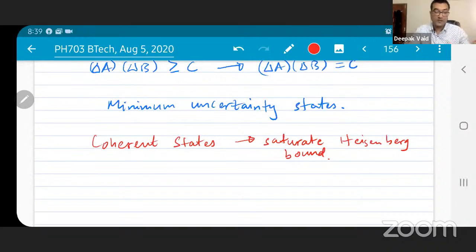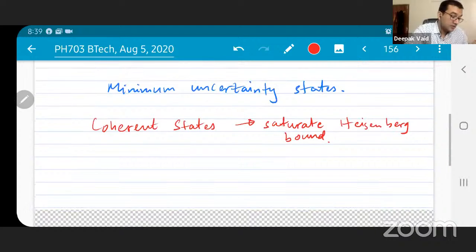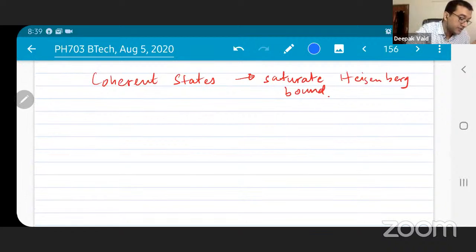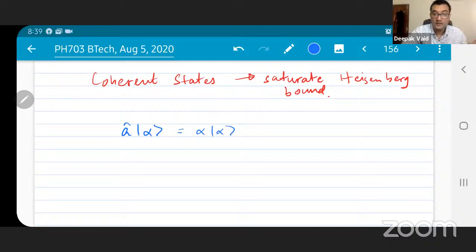Okay. Now let's first define what these states are. So these states are eigenstates of the destruction operator, right?